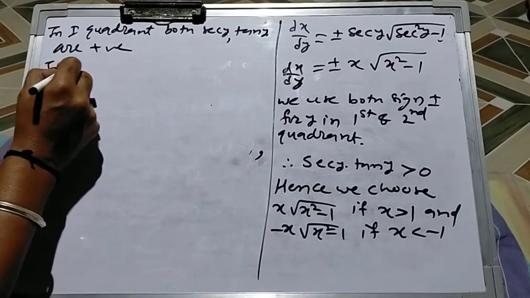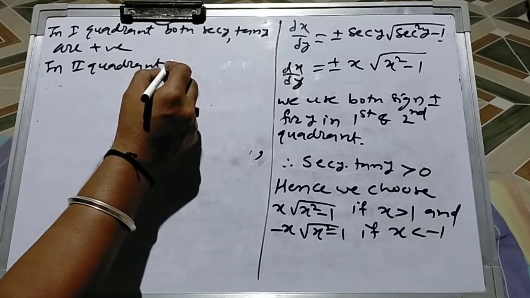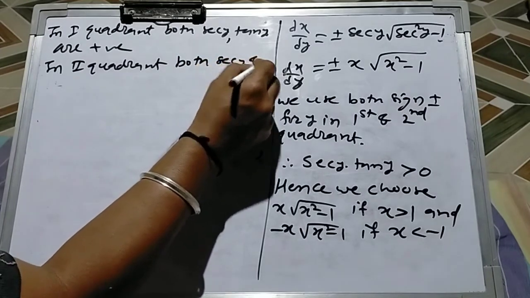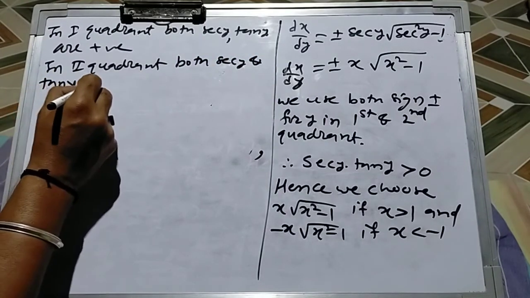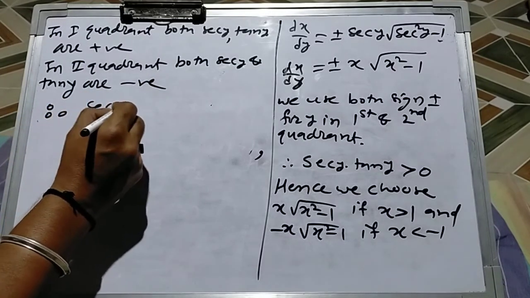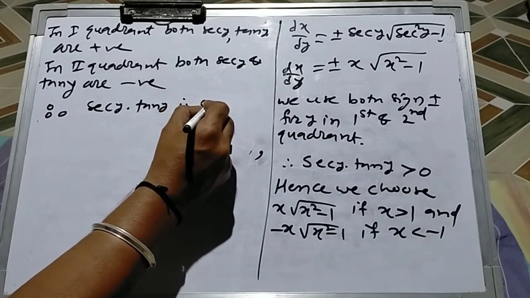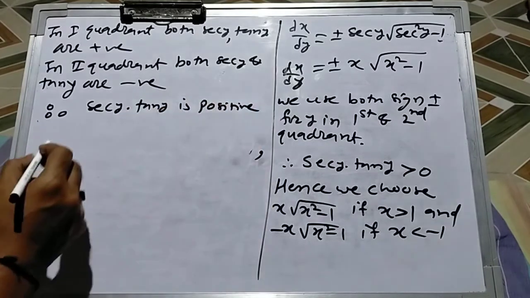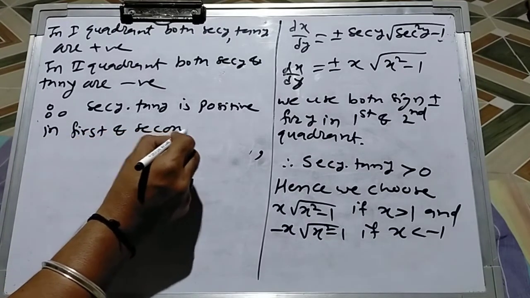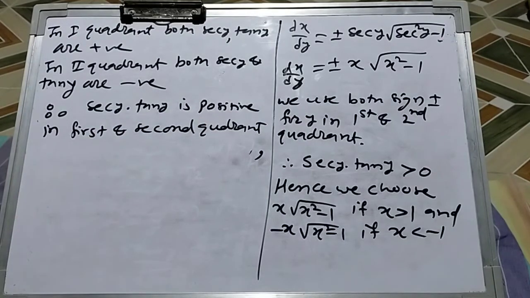In the second quadrant, both sec y and tan y are negative, and therefore sec y tan y is positive in the first and second quadrant.